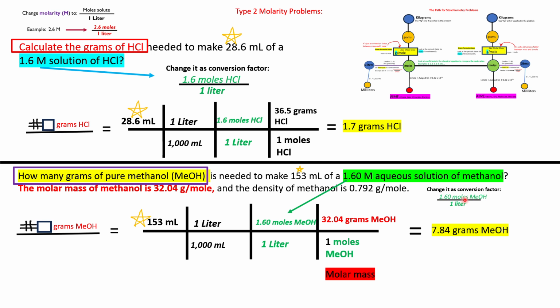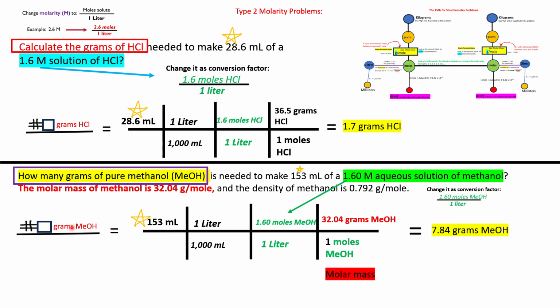The next thing that we do, we box what we're being asked for, grams of pure methanol, grams of methanol right here. I know I'm going to have some type of number at the end. I know I'm going to have this at the end as well, somewhere in the top, by the way. And then now I have to find my starting point. My starting point is going to be 153 milliliters. So we're going from milliliters to grams.